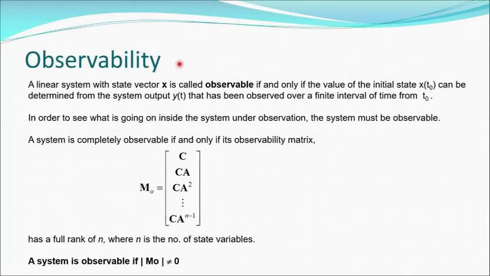Next I will explain about observability. So what is observability? In general, observability means that we can observe and measure the system state variables from the output of the system.